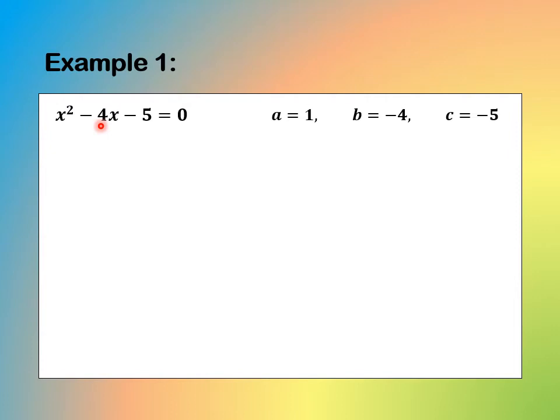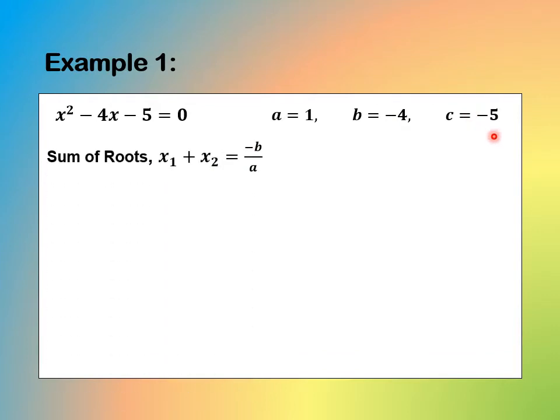Pag hindi natin naisama yung negative dito, kung itong ating given, magkakamali tayo sa ating final answer. Okay? So, dahil x squared minus 4x minus 5 is equal to 0 to, ang B natin, it should be negative 4. Okay? And yung C natin, that will be equal to negative 5.